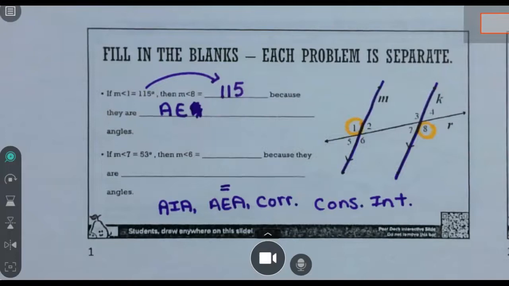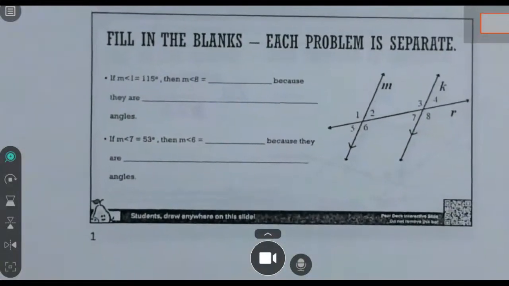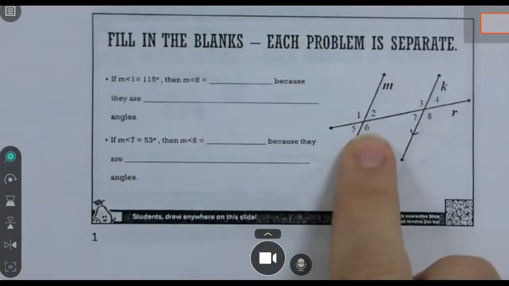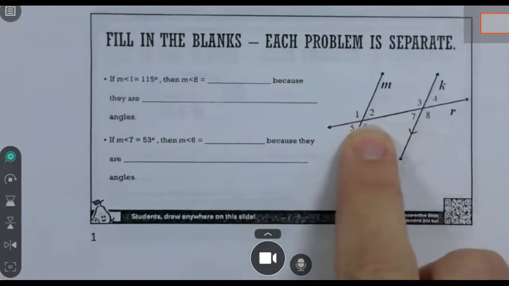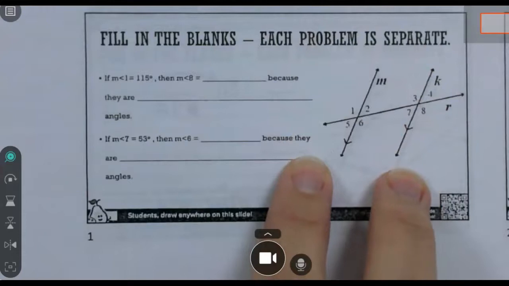Okay, now we have to forget everything we just said and completely look at a new set of lines, a new set of angles as we do 7 and 6. If this was a brand new piece of paper, 7 and 6. 7 and 6 are in between my 2 parallel lines, so they are interior.